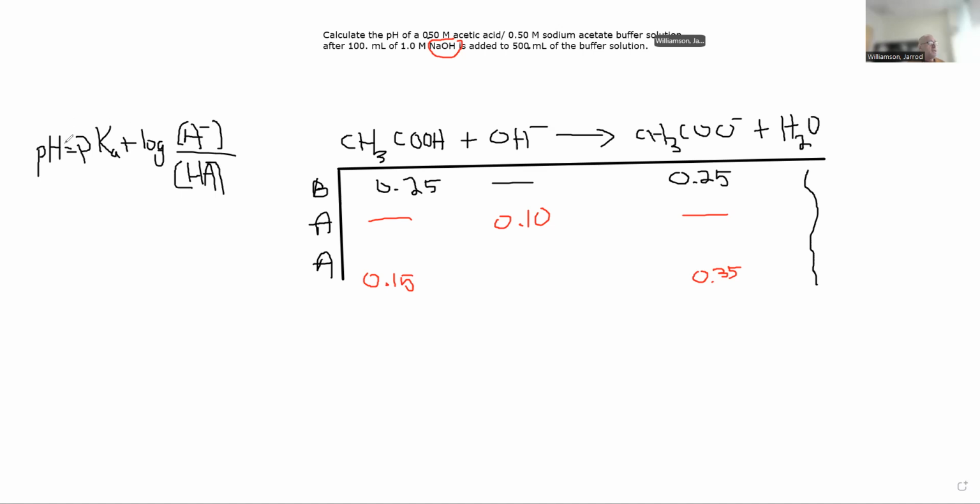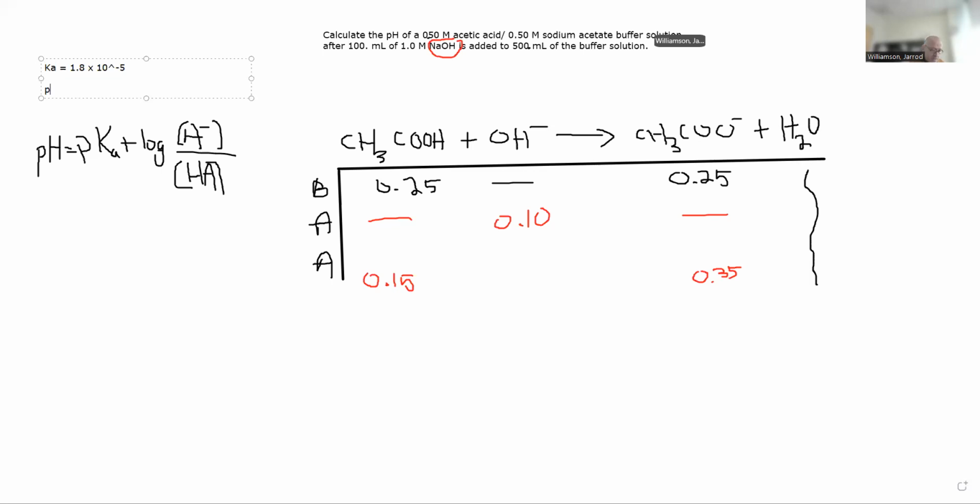I need the pKa value. This is acetic acid. The Ka value is something you look up. I looked that up. The Ka value is 1.8 times 10 to the negative 5.